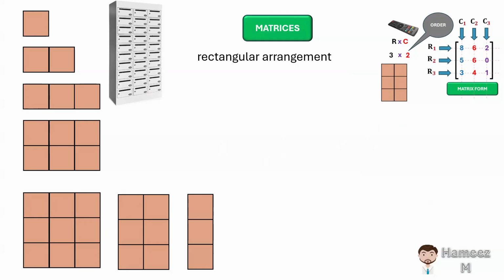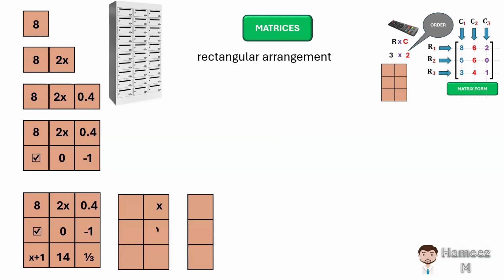Or if we think of Excel and the spreadsheet, it looks like putting the information like that, rows and columns in a huge array. So it is a rectangular arrangement. And of course, what fills it? In the first one, we can see 8, and then 8 and 2x, maybe 8 and 2x and 0.4. By the fourth one, a tick, and a 0 and a -1.